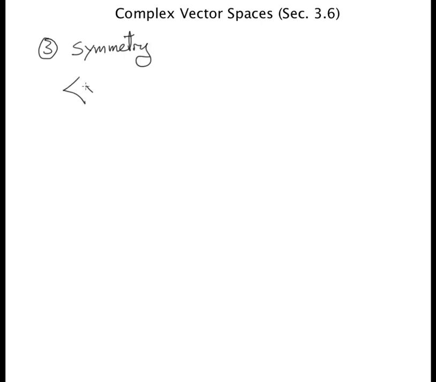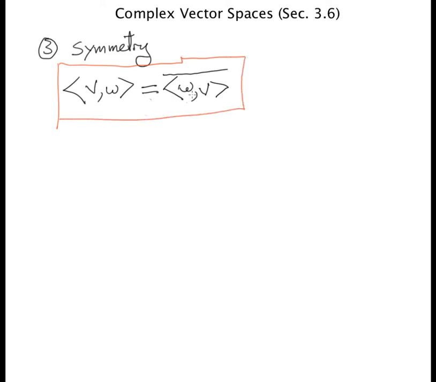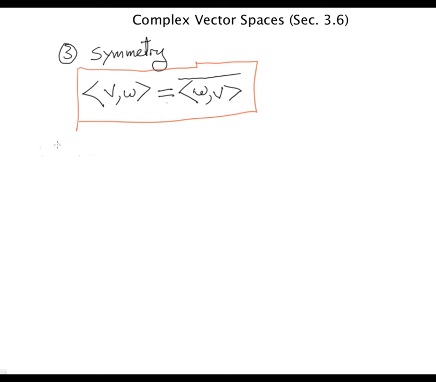So how is <v, w> related to <w, v>? What happens when you change the order? And if you think about it, this can't possibly be right, but what is true is it's correct with the bar over here. So these are both complex numbers, and they're not equal. <v, w> and <w, v> aren't equal, they're only equal after you take the bar.